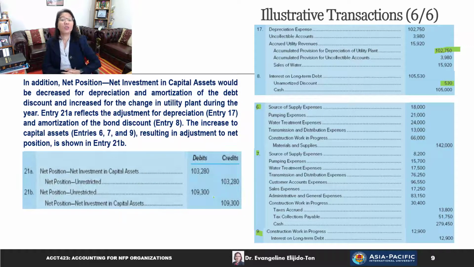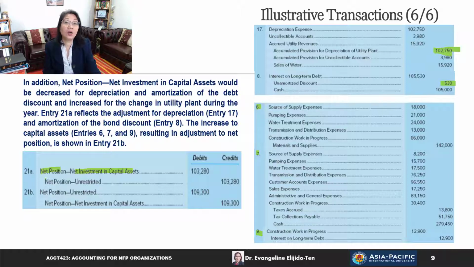All right, so let's look at entry 21A. What are we doing here? We are debiting the net position, net investment in capital assets for 103,280. And that's the total of this 102,750 plus the 530. Okay, so that's 103,280.